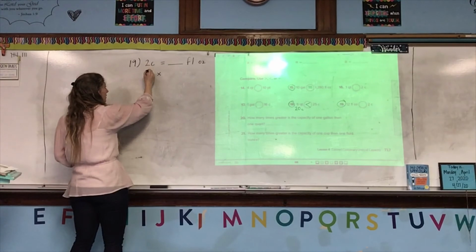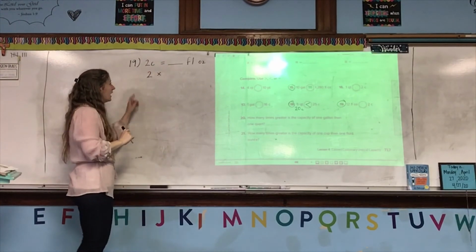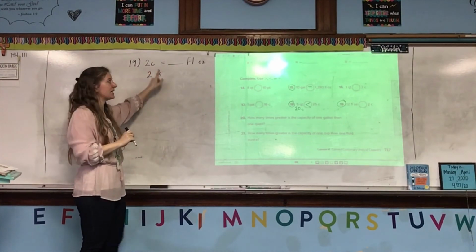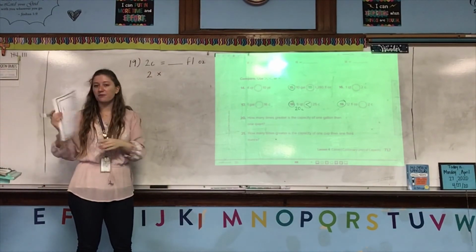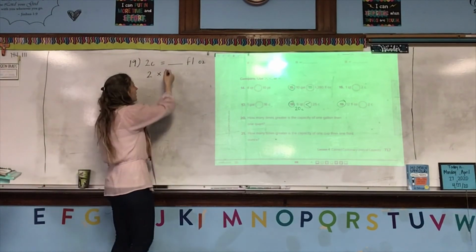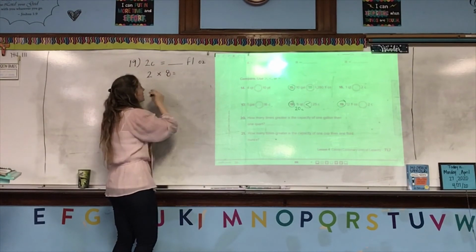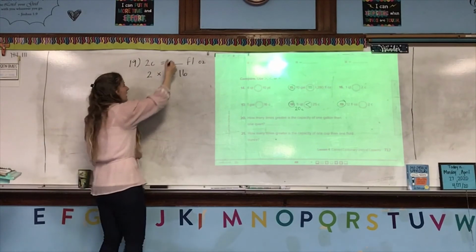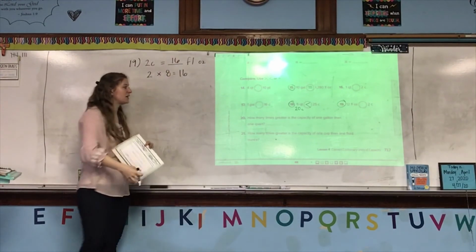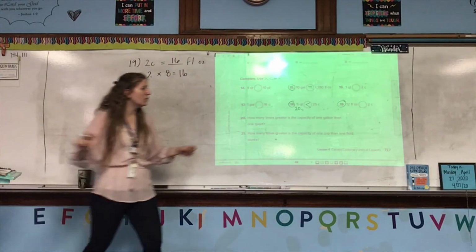So we start with what we know, which is 2. We're not going to multiply by the number of cups in a cup. We're going to multiply by the number of fluid ounces in a cup, which we know from our conversion chart is 8. 2 times 8 equals 16. So that means 2 cups is the same as 16 fluid ounces. So we'll go over here.